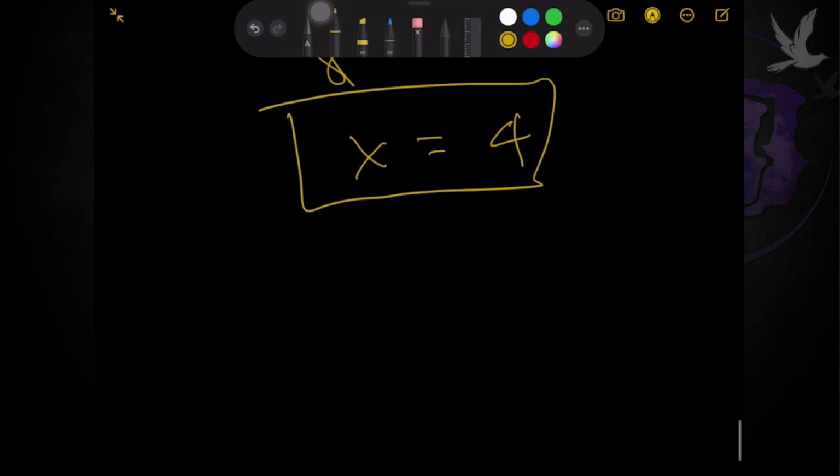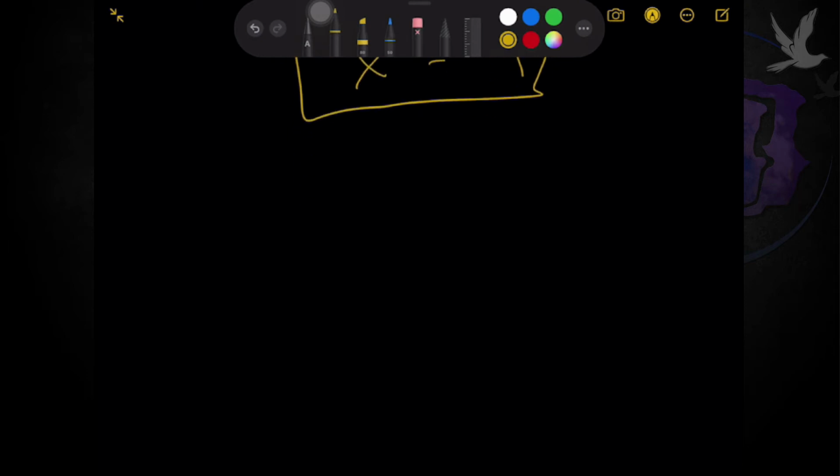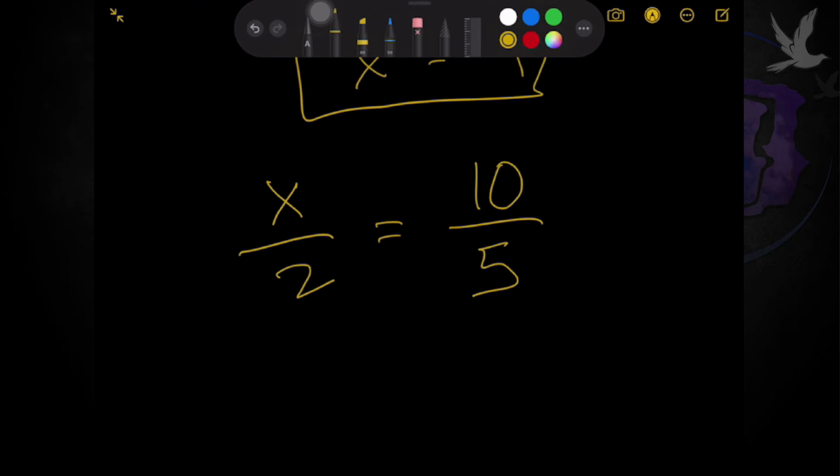Ngayon, you might ask me, Teacher Mark, what if both sides may denominator? Okay, what if both sides may denominator? Such as, let's say, for example, x over 2 equals 10 over, let's say, 5. Okay, so anyway, process lang naman yung hinahanap natin dito.